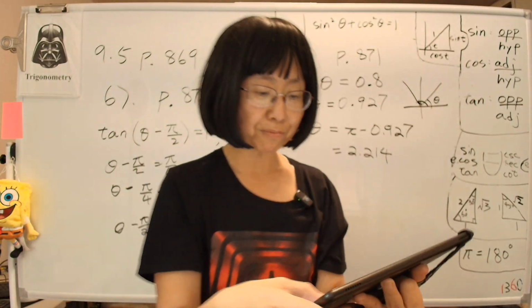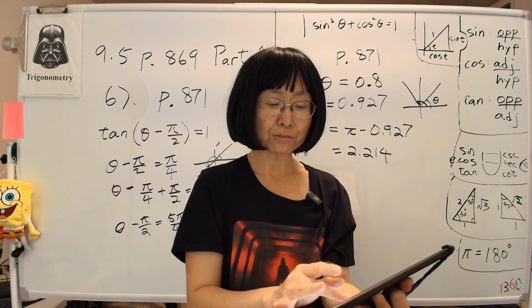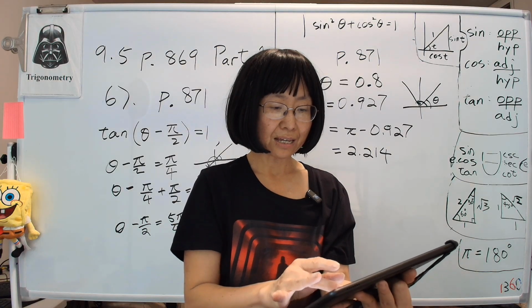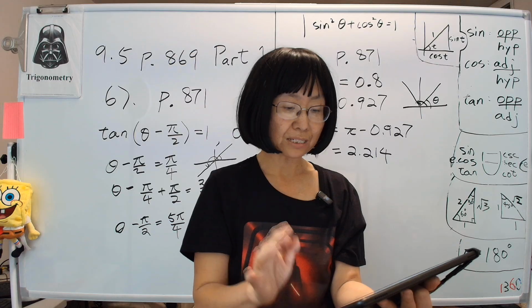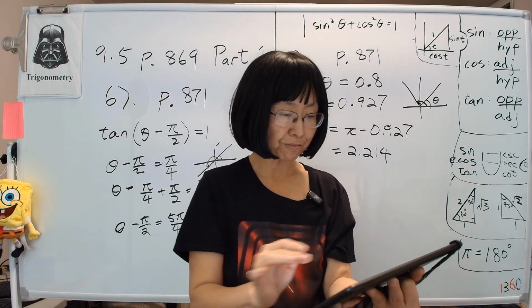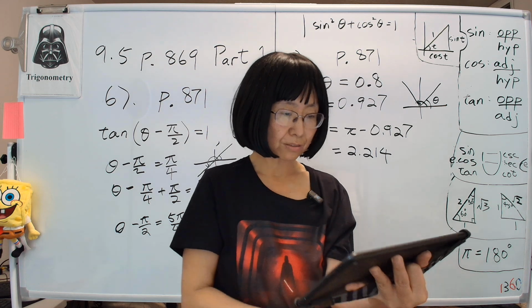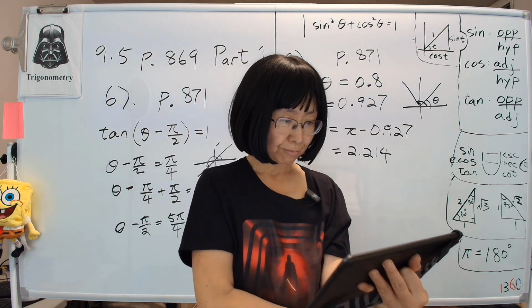So you're going to end up with 4 answers, because sine theta will have 2 answers, and each one will also have 2 theta answers. So please do example 12 yourself. And then let's look at example 13 on the following page.